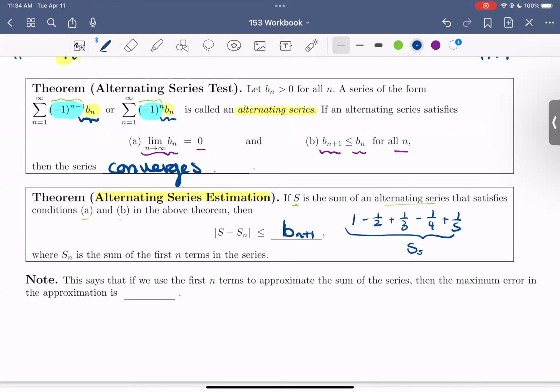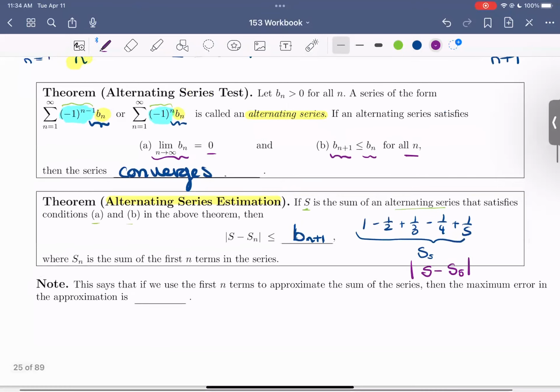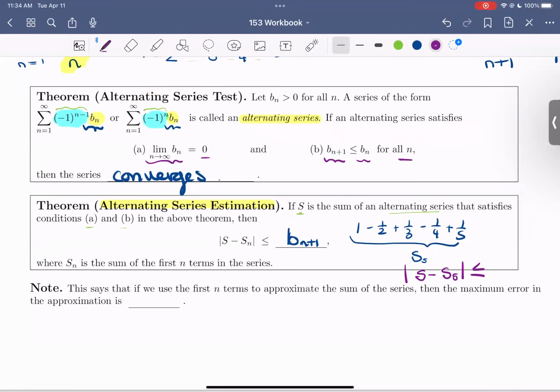What this theorem tells us is that if we consider the error, or the distance between our partial sum S sub 5 and the value our series converges to, this error is going to be less than or equal to that 6th term in our series. It will be less than or equal to 1/6. So we can get as close as 1/6 to our convergent value by adding up the first 5 terms of our series. And that's what the rest of this says.